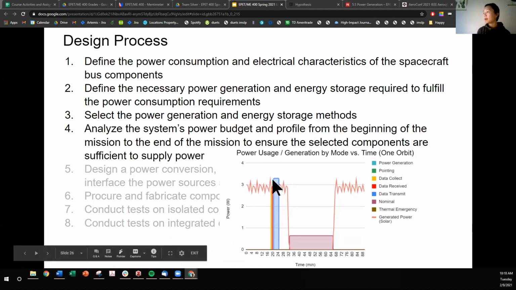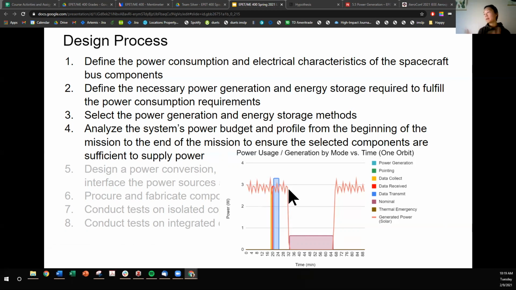We also looked at the amount of power consumed per mode over the time that it takes to go through that mode. And you just want to make sure that the amount of power generated and the amount of power consumed over some period of time, in this case an orbit, balances out, that you can recharge to the level you were at the beginning of that cycle.